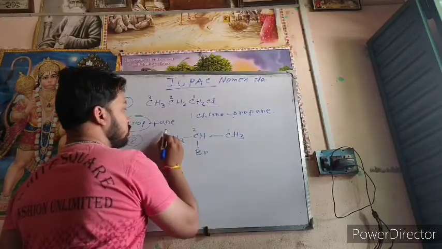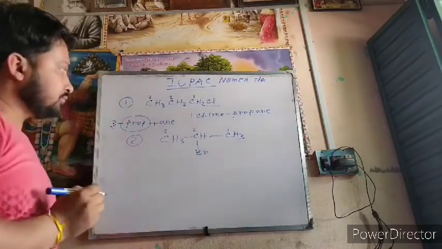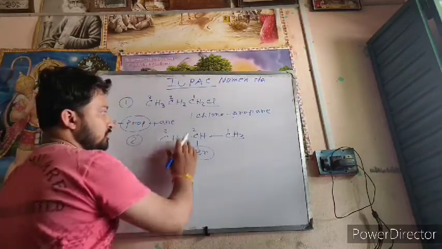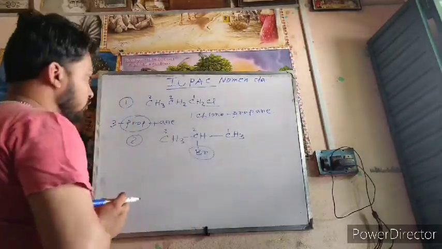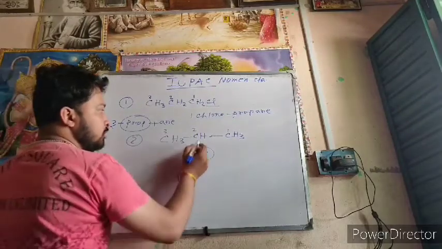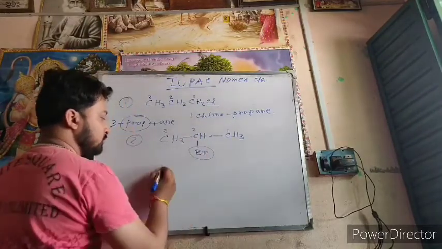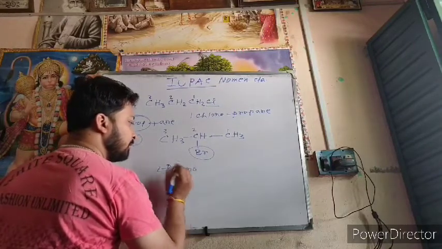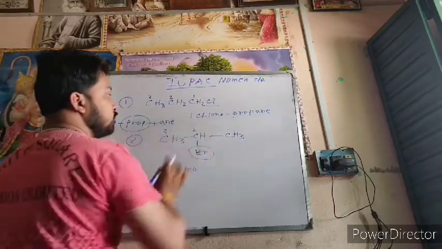1, 2, 3. The position of the bromine is 2. So this is 2 bromo, because the position of the bromo is 2.